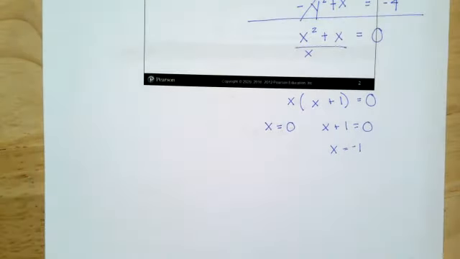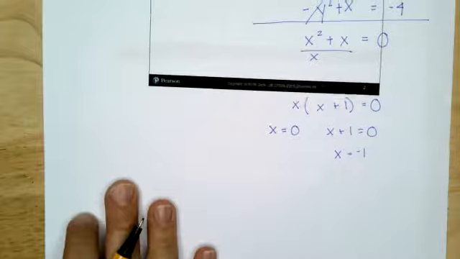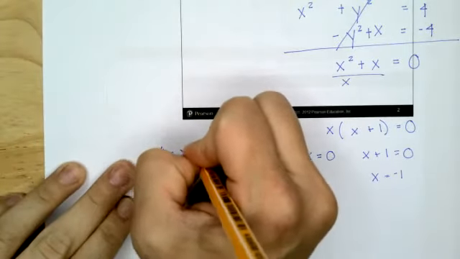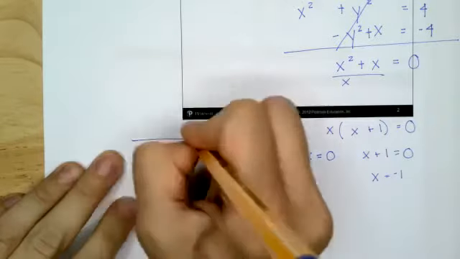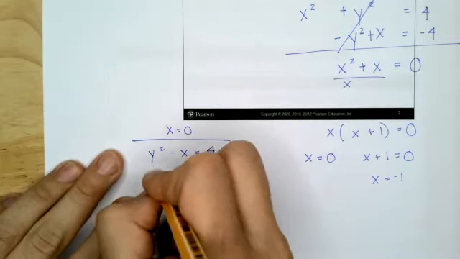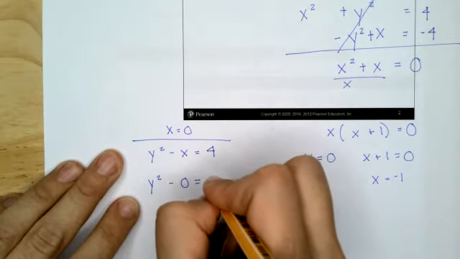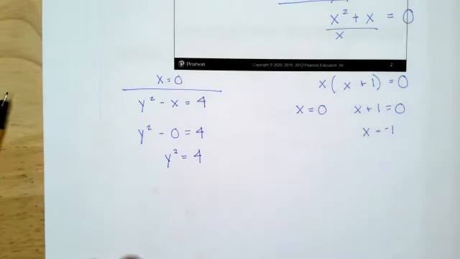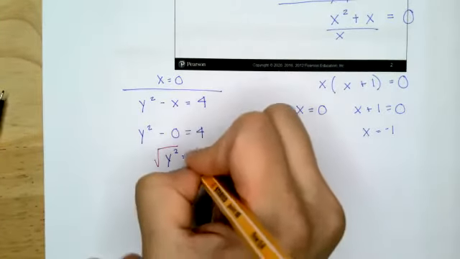So x squared plus y squared equals 4, or y squared minus x equals 4. Y squared minus x equals 4. When x is 0. How about the easy one? Y squared minus 0 equals 4. Y squared equals 4. Remember when you were trying to eliminate that, you take the square root.